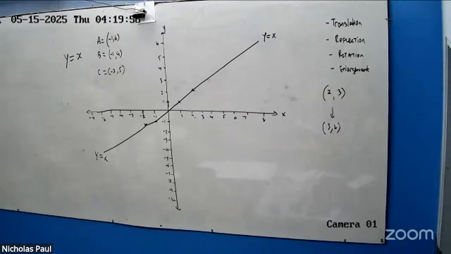Draw the line y equals x first. Right? Draw the line y equals x first. Hurry up. Draw the line y equals x, right? 1, 1. Hurry up.